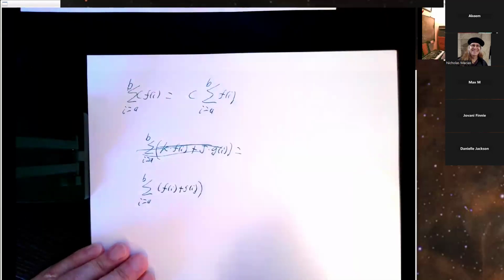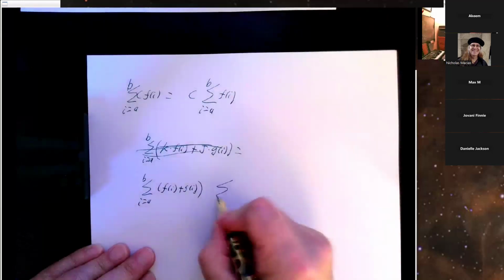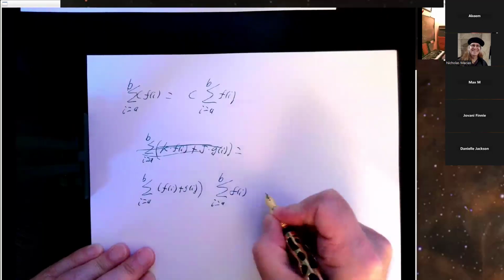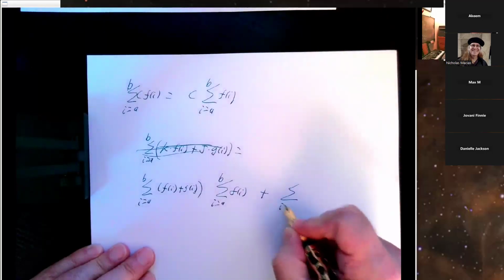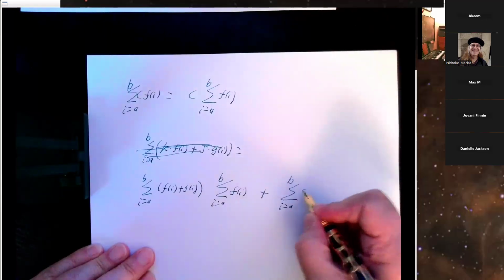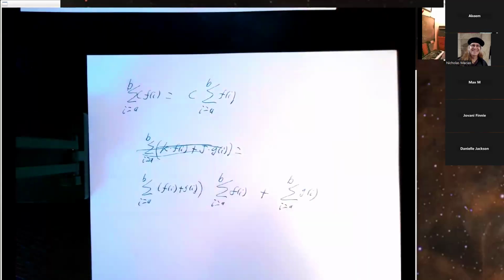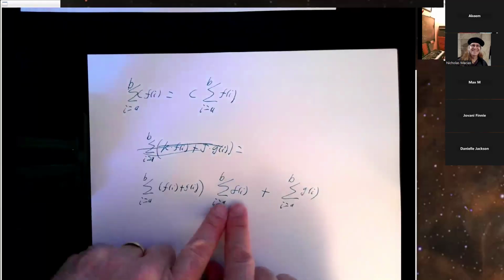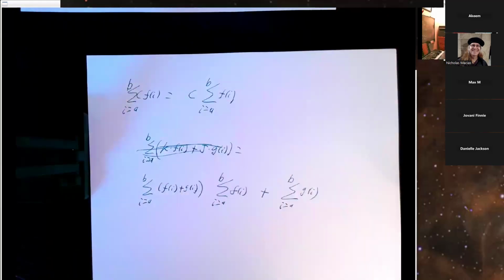The summation of f plus g is the same as just doing those summations separately. Like that. And then if these are multiplied by constants, I can pull the constants outside the summation. So we can break these things up into smaller pieces.